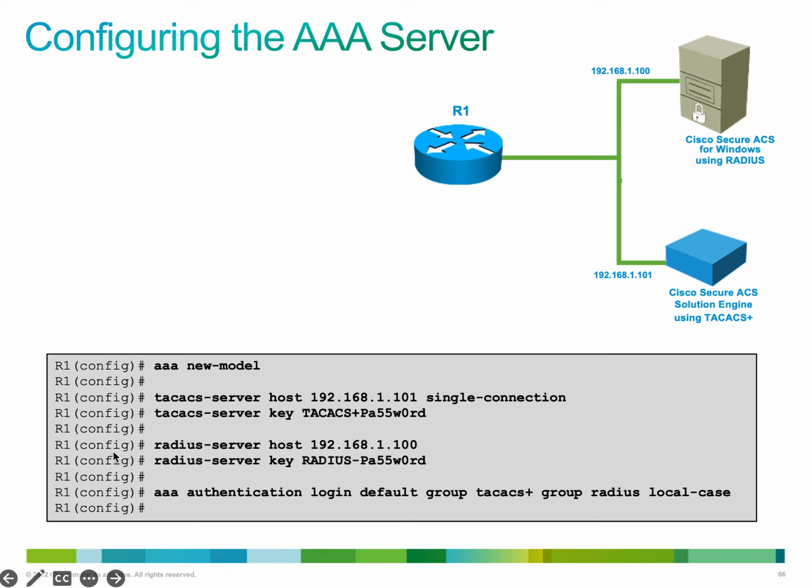Then Router1(config)# radius-server host, you put the IP address. Then Router1(config)# radius-server key, you put the RADIUS password. Then Router1(config)# aaa authentication login default group tacacs+ group radius local-case.